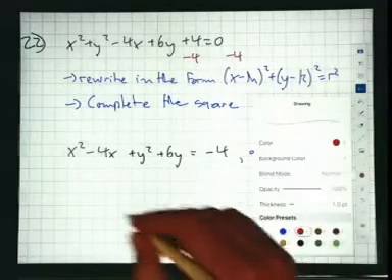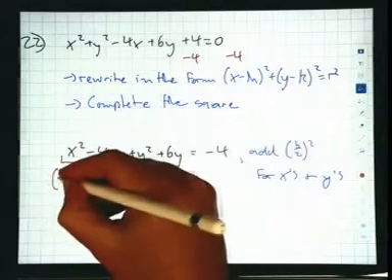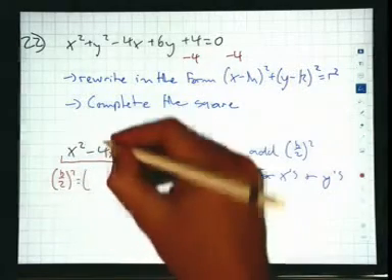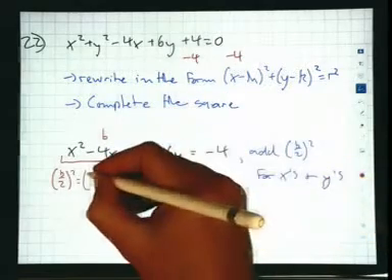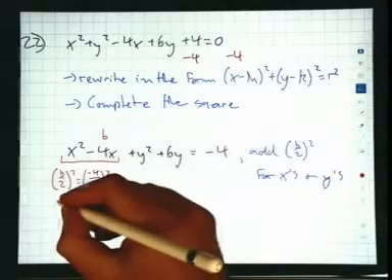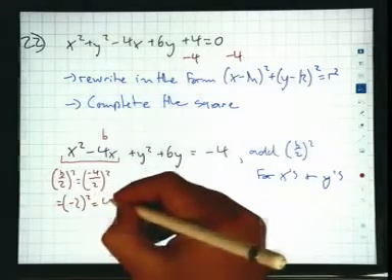So for my x's, b over 2 quantity squared, this is our b, so that's going to be negative 4 over 2 quantity squared, which is equal to negative 2 quantity squared, which is equal to 4.